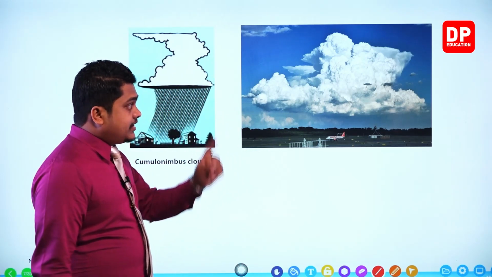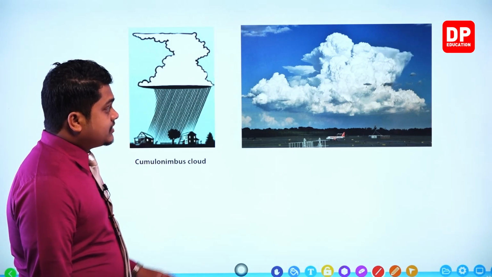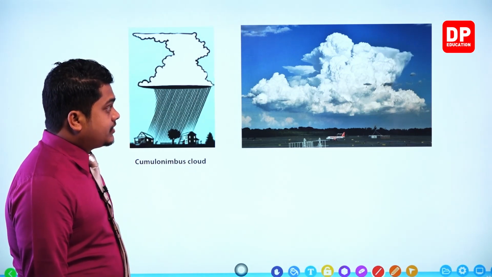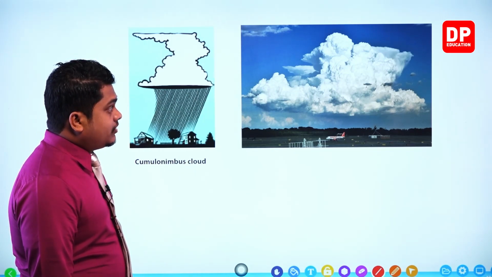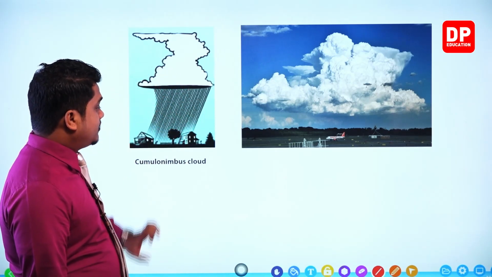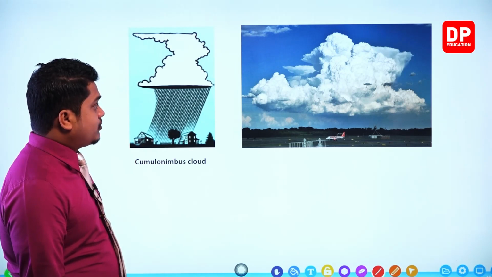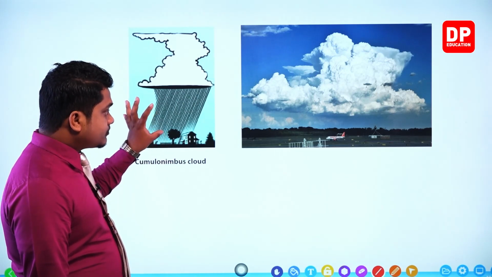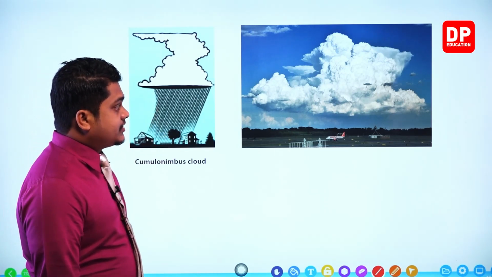That's a real picture taken from the sky of a cumulonimbus cloud. And this is just a drawing of a cumulonimbus cloud, my dear children. These clouds are the main reasons for the creation of lightning and also that heavy amount of rain.